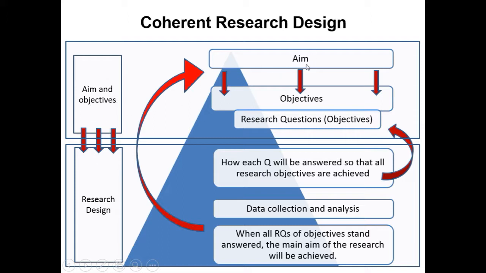Now, aim is sitting at the very top of all your research. Just like any other expedition or any other activity that you do in life, whether you have failed or you have been successful depends on whether you have achieved the aim or not.